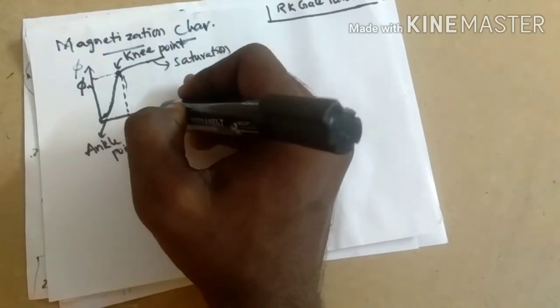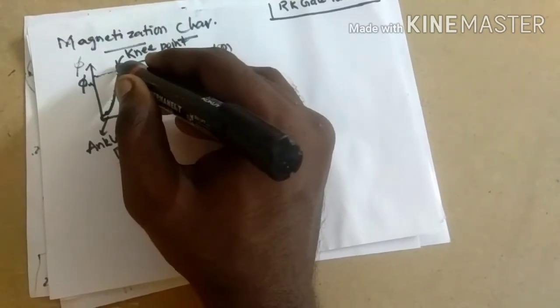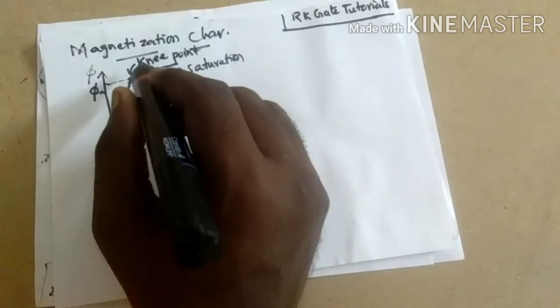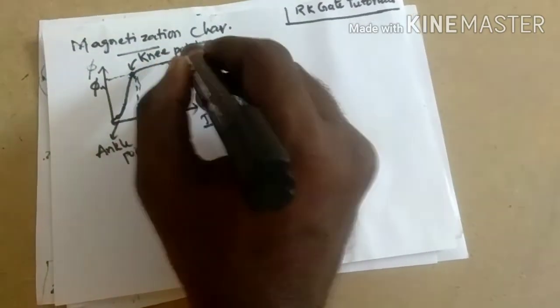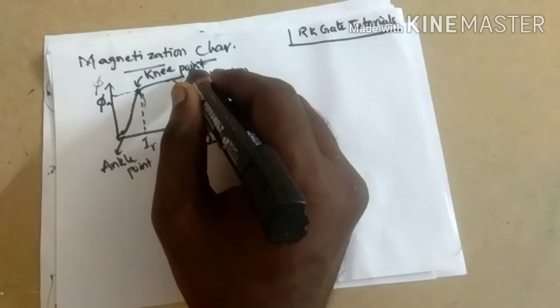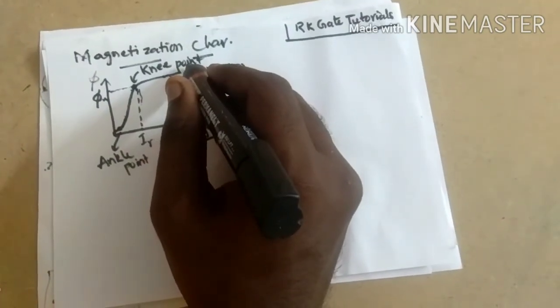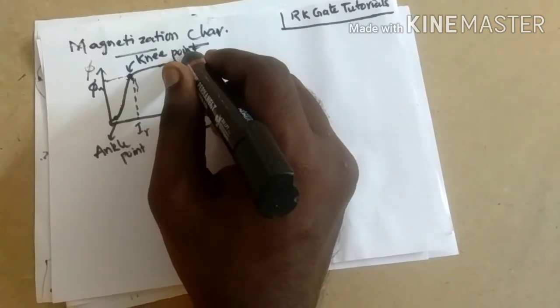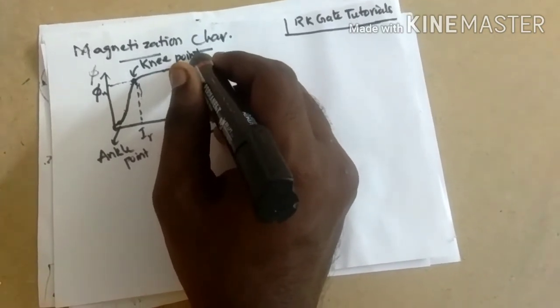Even if you go to 10 amps, it will give you 5 amperes only. That is the problem. You make a note of it since I am not writing. Measuring CTs are designed such that they operate at the knee point only.